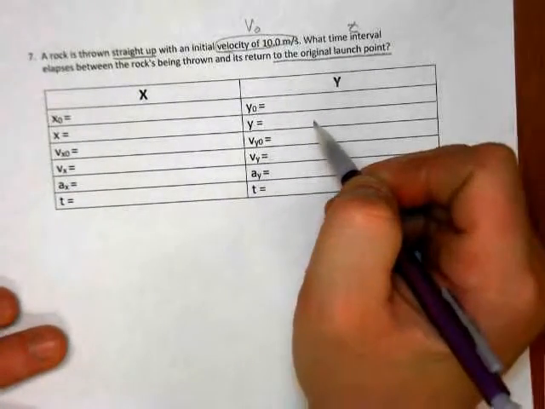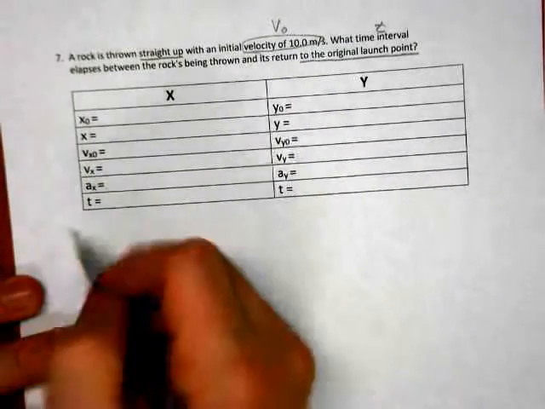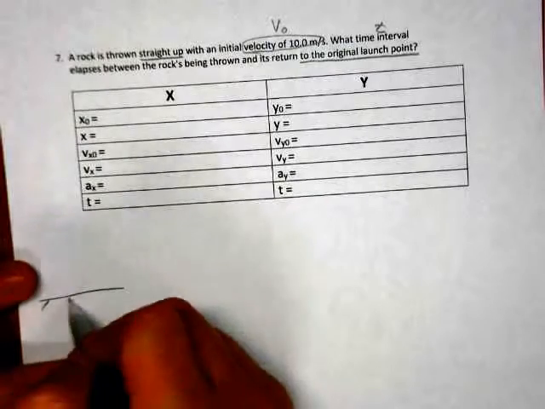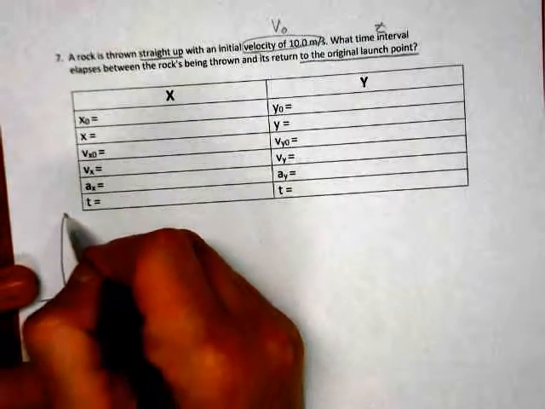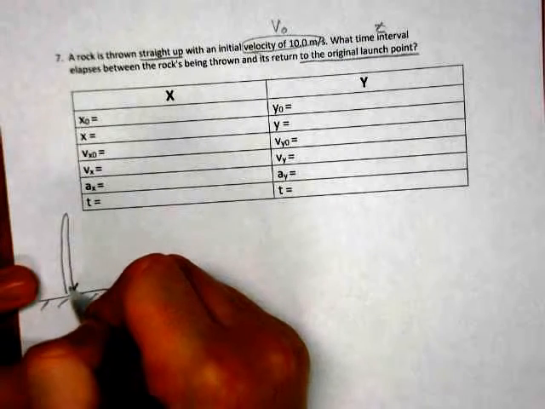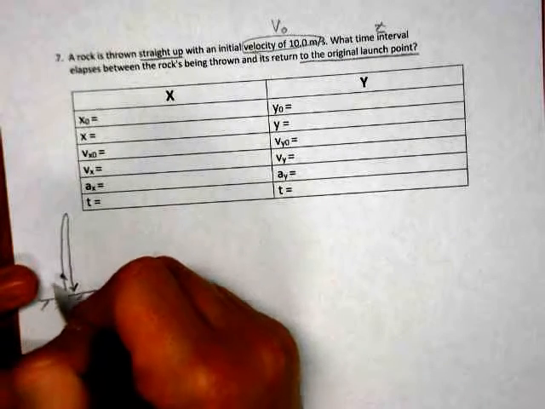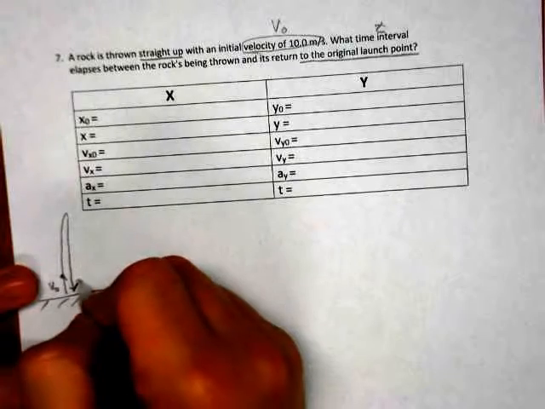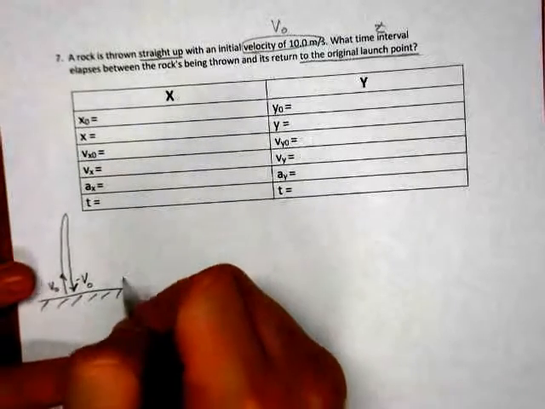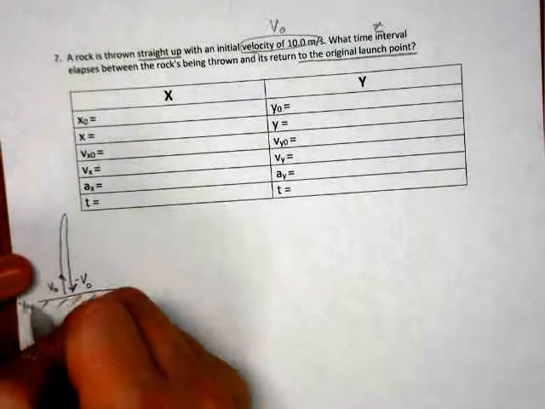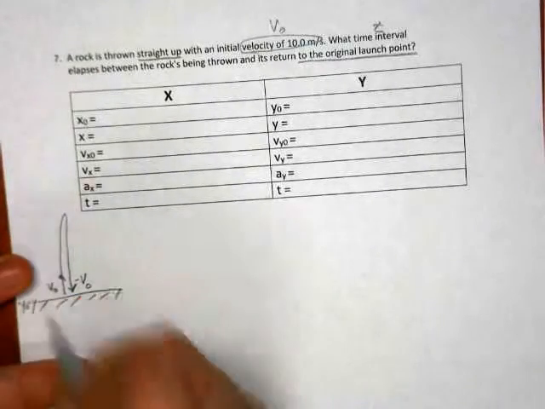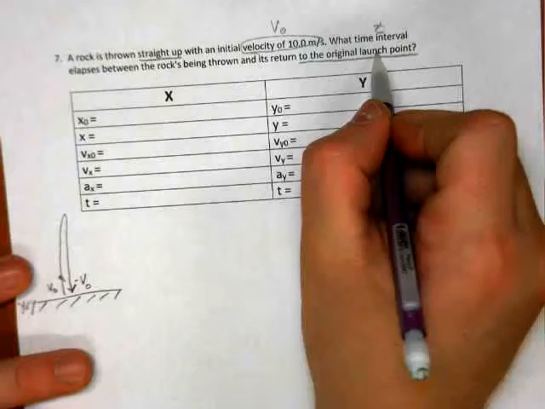Okay, so draw your diagram or your sketch. Rock goes up, rock comes down. And this is negative V0 over here. I'm going to call this Y. And this is Y0, and it's also Y because we're going to the original launch point.